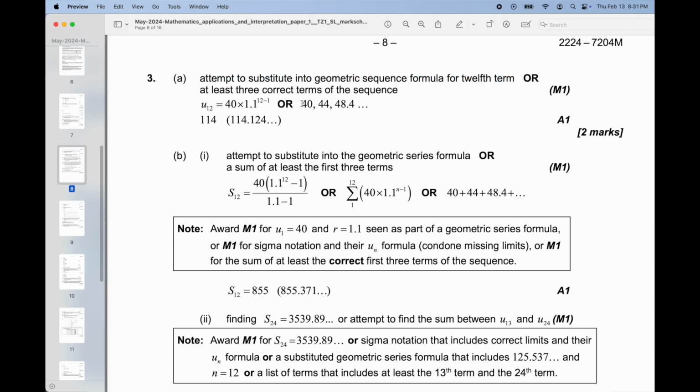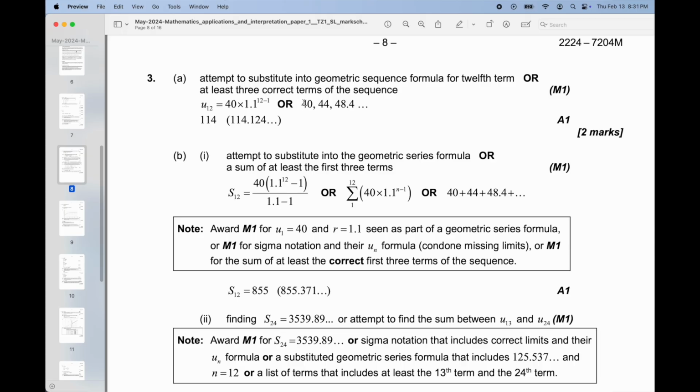If you want to find the 12th term, we could do that, 40 times 1.1 times 1.1. So even if you just started saying, I can multiply by 1.1, 1.1, you're showing that you understand something about geometric sequences. To be honest, it is somewhat generous in some ways, but it's process, it's understanding, and it puts you in a better position, I think, to maximize your points and your score.